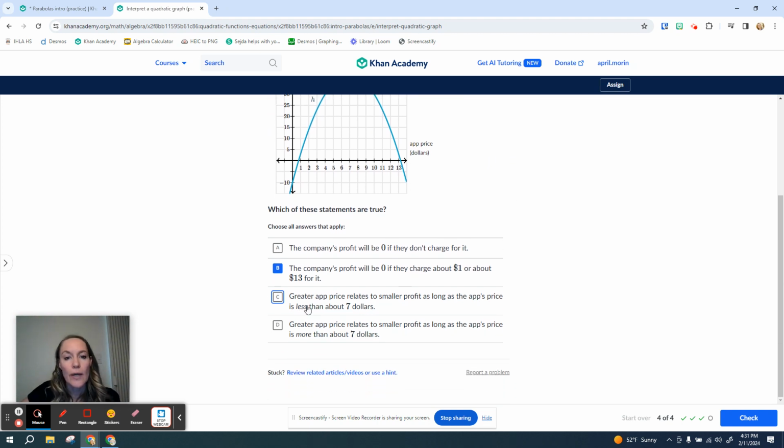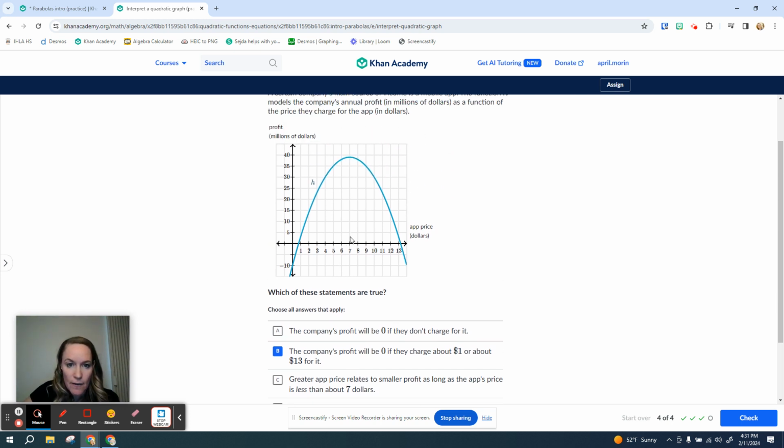Okay. Greater app price relates to smaller profit as long as the app's price is less than about $7. So that's less than $7, this side of the graph. That one's not true because greater app price results in greater profit if we charge $7 or less.